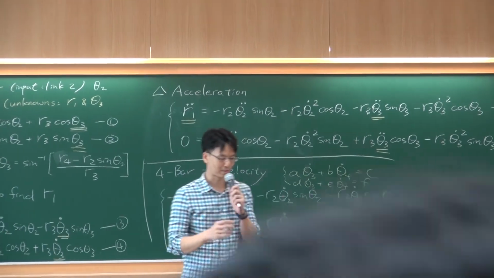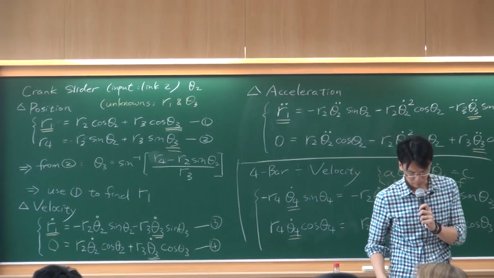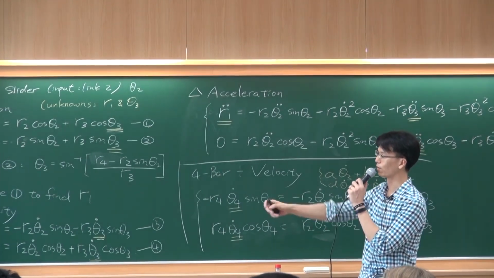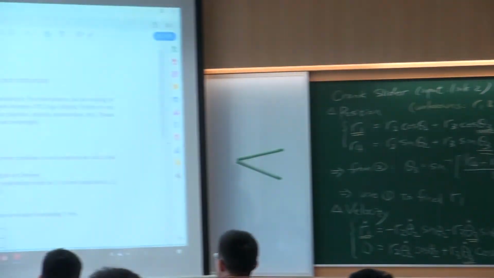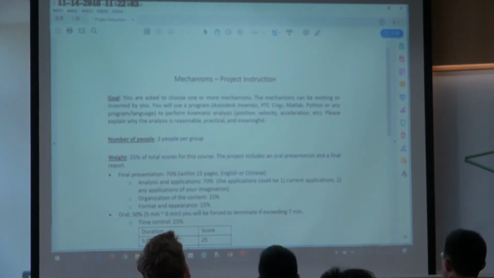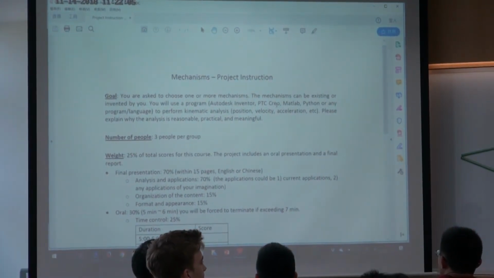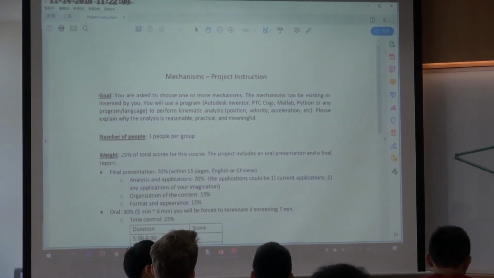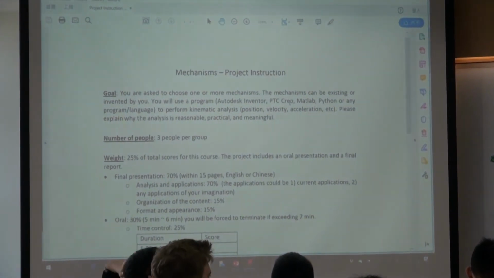Okay, so please be seated, and I'm going to say something about the final project. If you still remember, you have a task to do, which is a final project. It weighs 25% of your total marks.